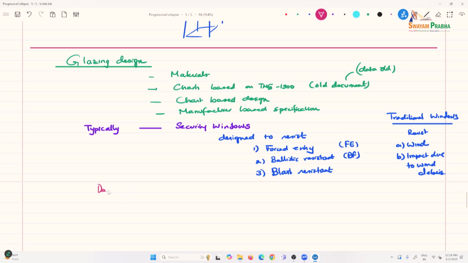The design is based on, for typically windows on the first floor or the ground floor here, so let me call it the ground floor, the level of protection for forced entry, or ballistic resistance, this is BR, and blast resistance.